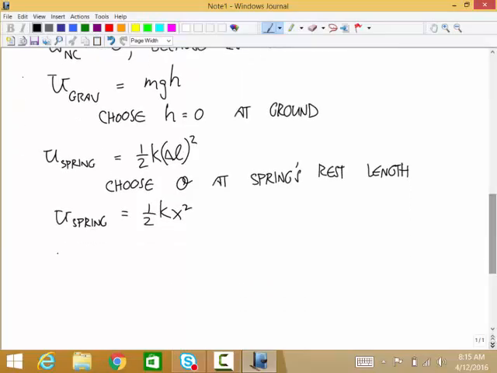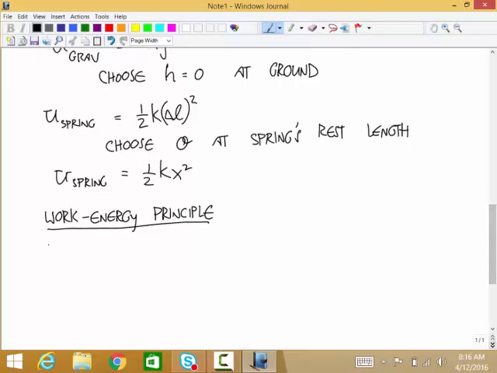Okay, so now let's go to the work energy principle. There's no work done by non-conservative forces. At our later instant, we don't know what the speed's going to be.